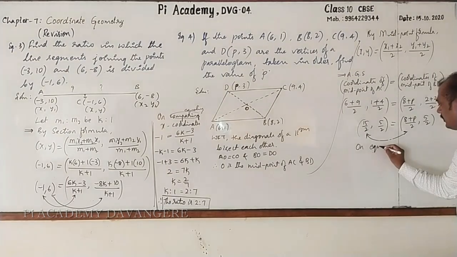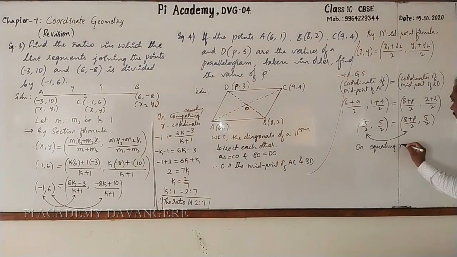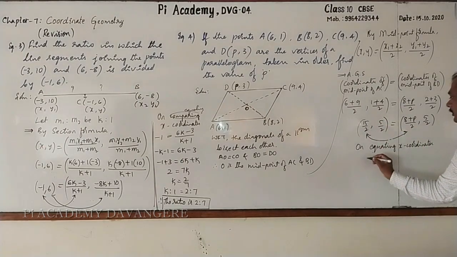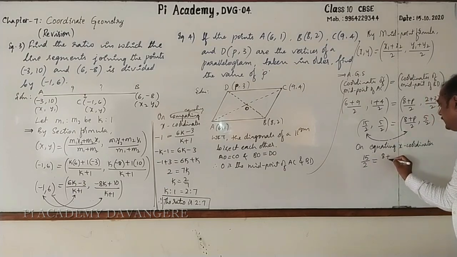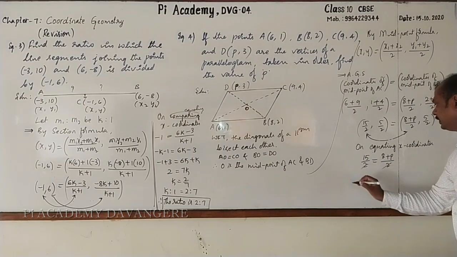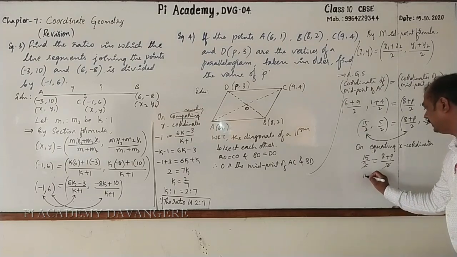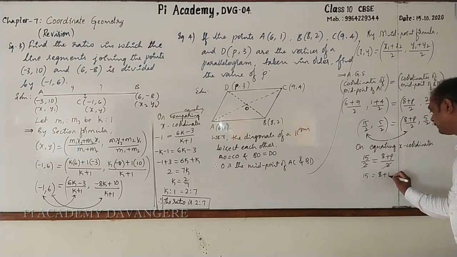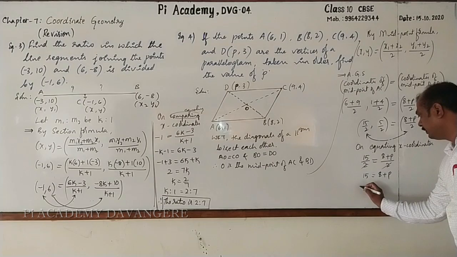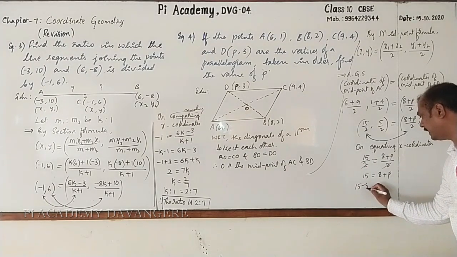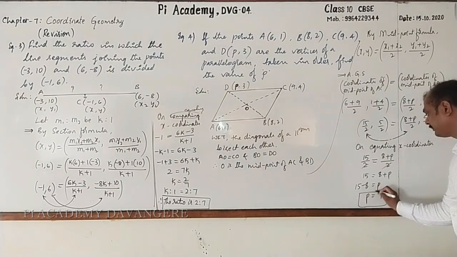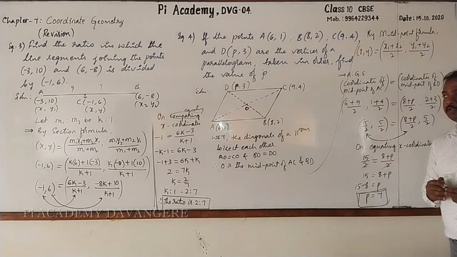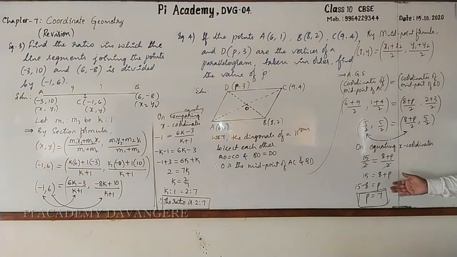On equating x coordinates, we can write 15 by 2 is equal to (8 plus P) by 2. 2 and 2 get cancelled. Then 15 is equal to 8 plus P. Then we want only P. 15 minus 8 equal to P. P is equal to 7. Got it? This is the way we can find out the value of P.